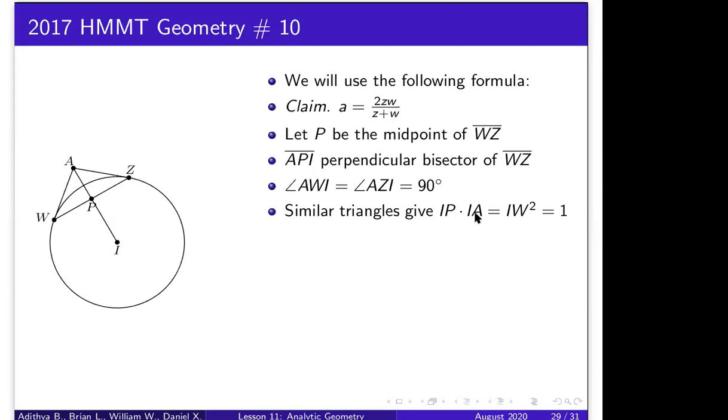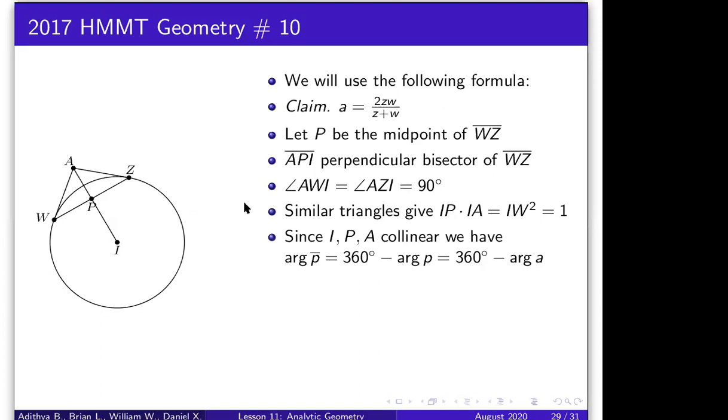Now, what's the argument of the conjugate of P? Well, we get the conjugate of P by reflecting P over the real axis. So the argument of P bar should be 360 minus the argument of P. And since the argument of P is equal to the argument of A, this is 360 minus the argument of A. And that means when we move everything to one side, we get that the argument of P bar plus the argument of A is 360 degrees, which is 0.